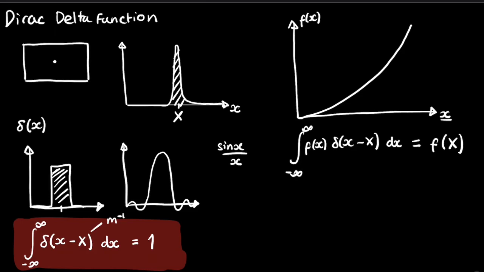Because the Dirac delta function is 0 at every other point apart from this one point right here.